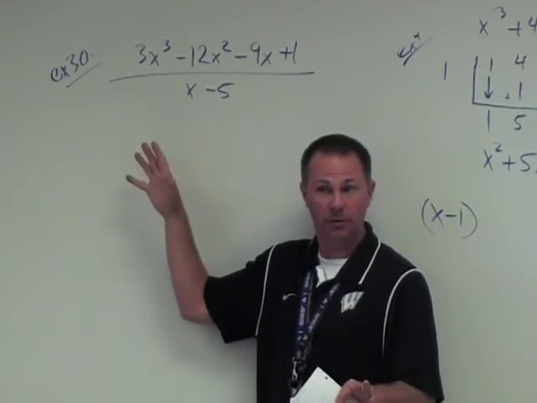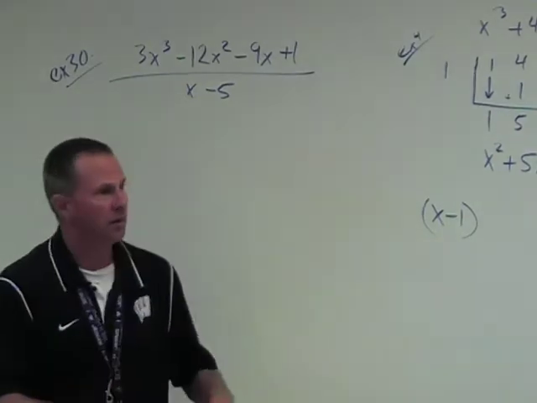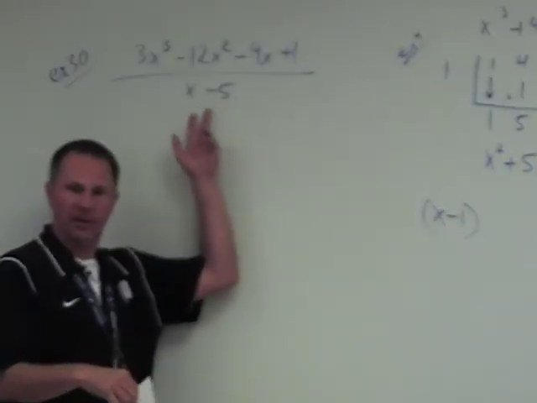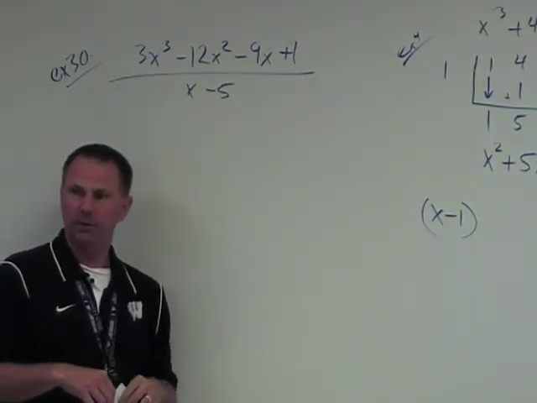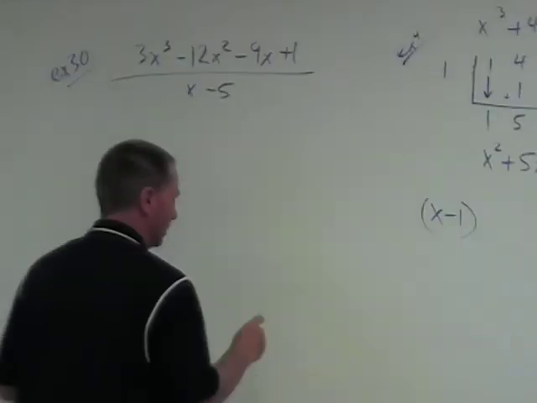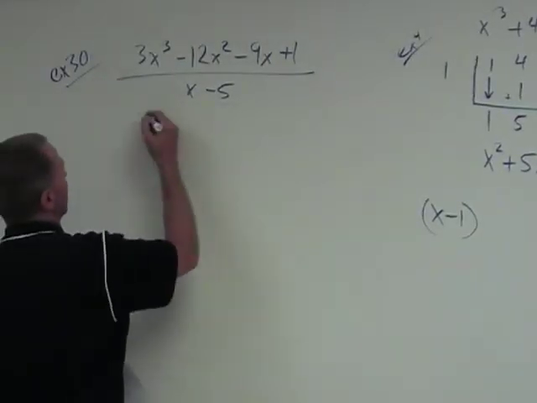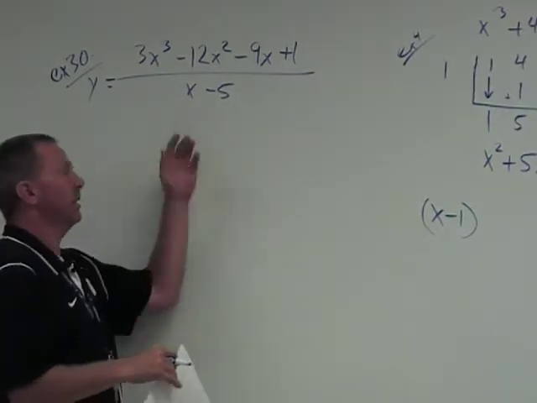That's what we're doing, right? When we're dividing, if your remainder is 0, then that is a factor. And if that's a factor, 5 is a 0. Everybody look up here. What that means is y is 0 when x is 5.